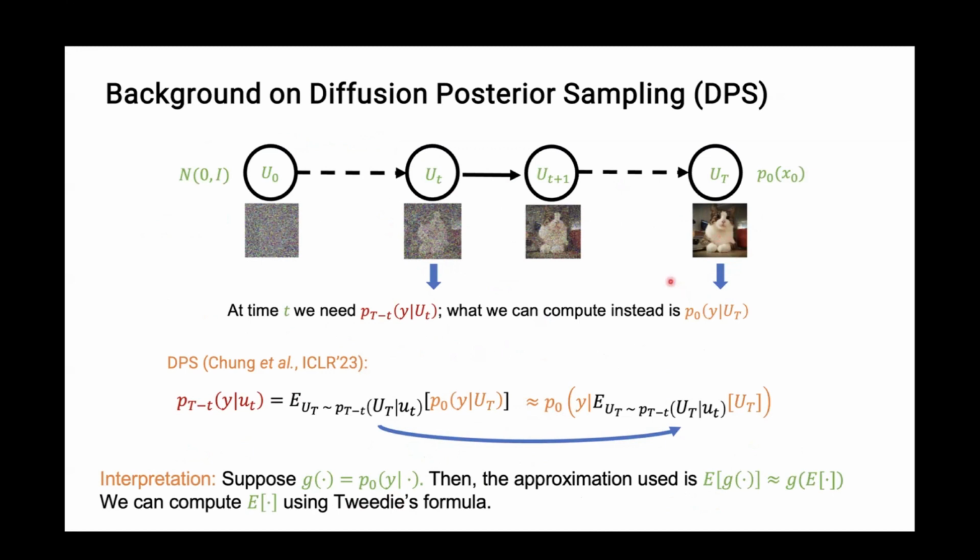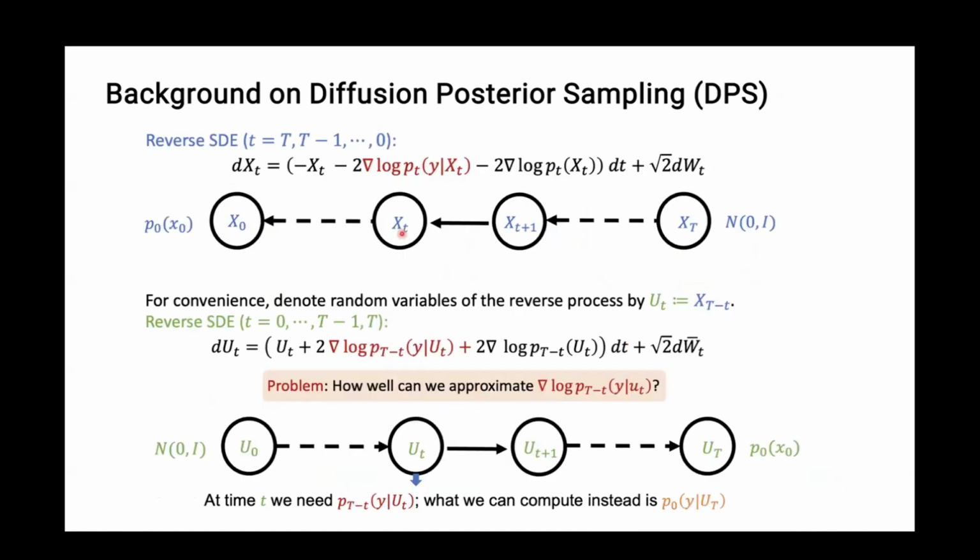So an approximation that people have done, this is the diffusion posterior sampling paper, is the following. I have this image. Try to estimate what the clean image would look like. Take that estimate of the clean image, figure out what would be the measurements, do this approximation, and then I can figure out roughly what my correction terms should be in my drift.